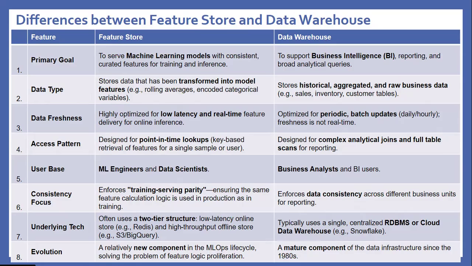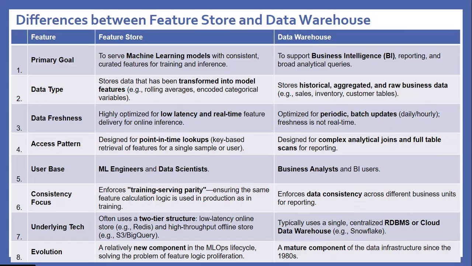Data type: feature store, data that has been transformed into model features. Example, rolling average, encoded categorical variable. Data warehouse stores historical, aggregated, and raw business data. Example, sales, inventory, customer tables.